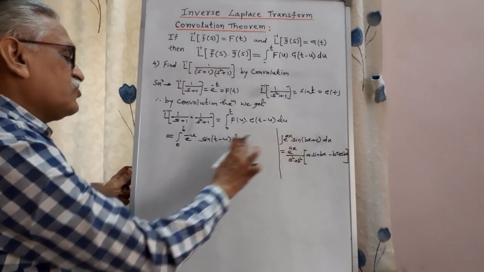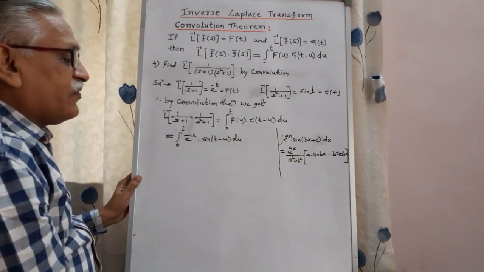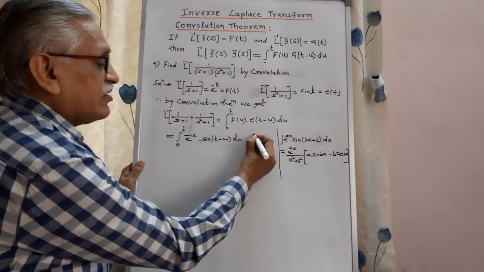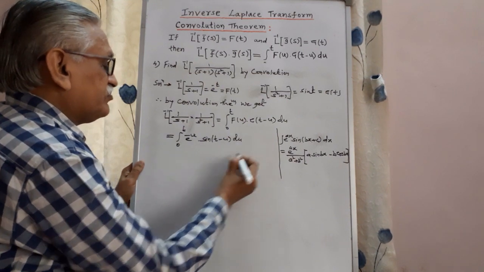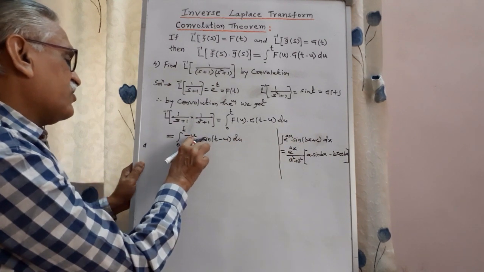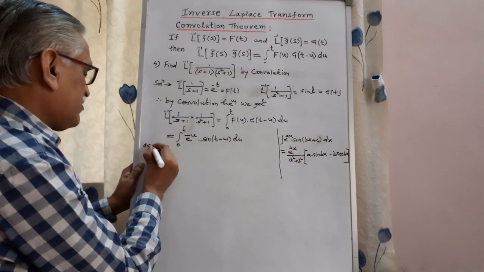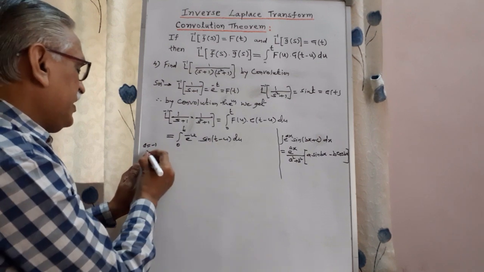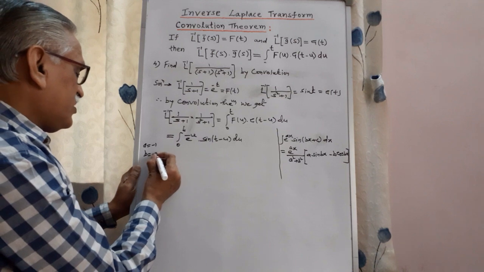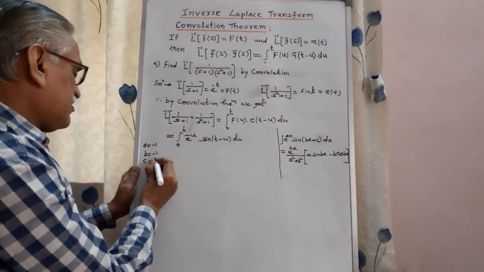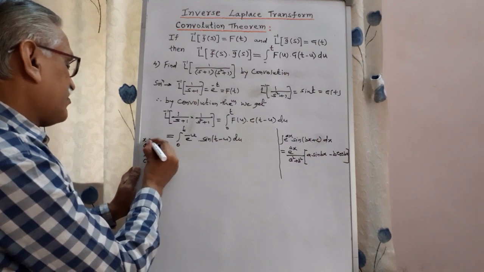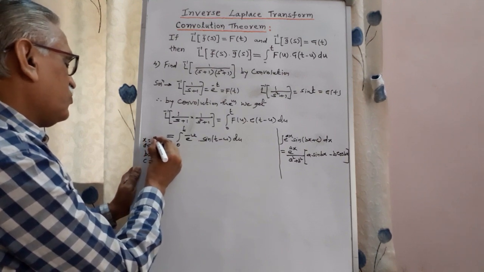Therefore, to apply this, we have to compare and get the values of a and b. Here we get a as, e raised to x, coefficient of u, minus 1, and b as again minus 1, c as t, and x means u.